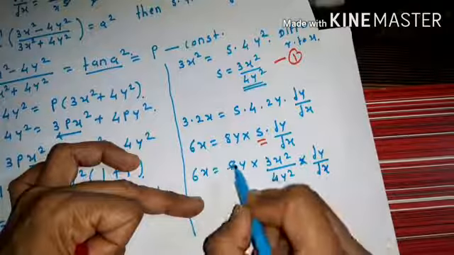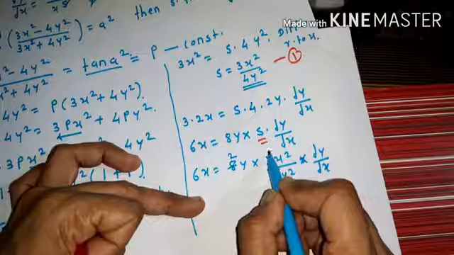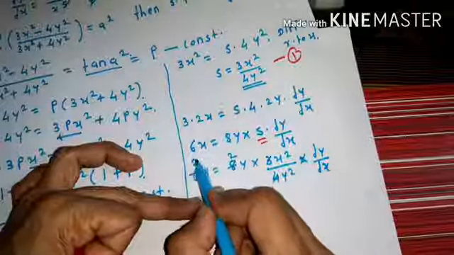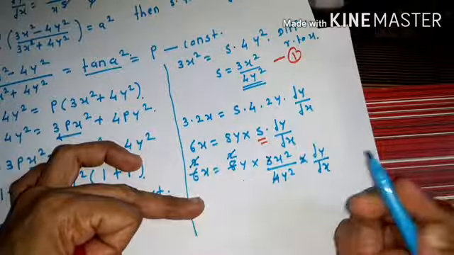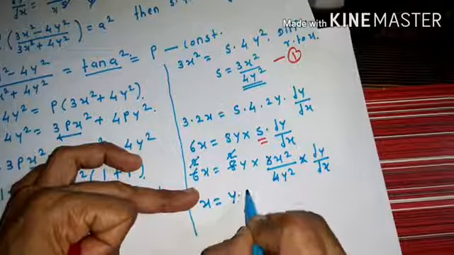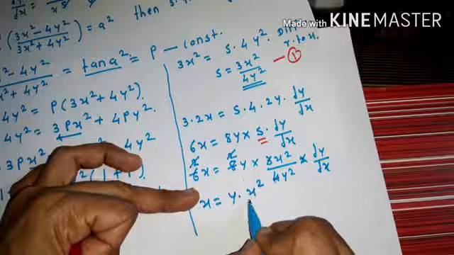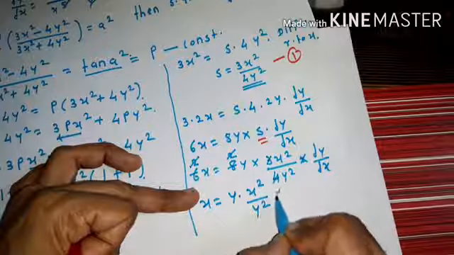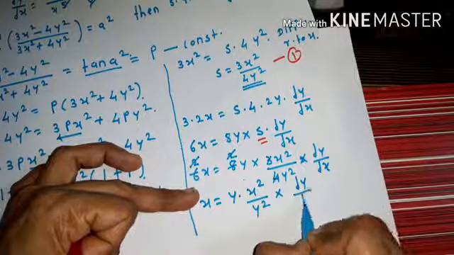That is, 4 2s are 8, 3 1s are 3, 3 2s are 6. Again 2 gets cancelled, and x equal to y into x² upon y² into dy by dx.